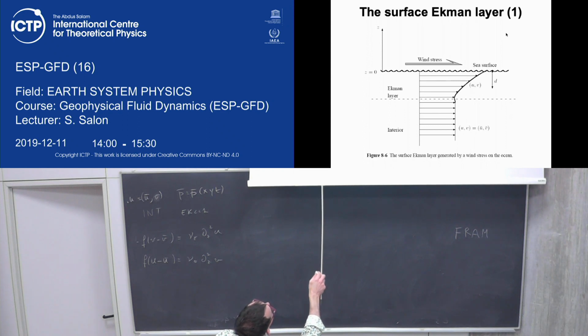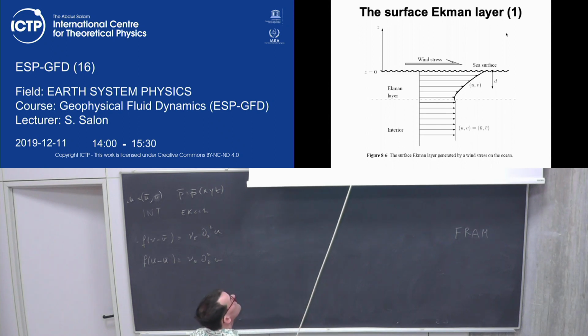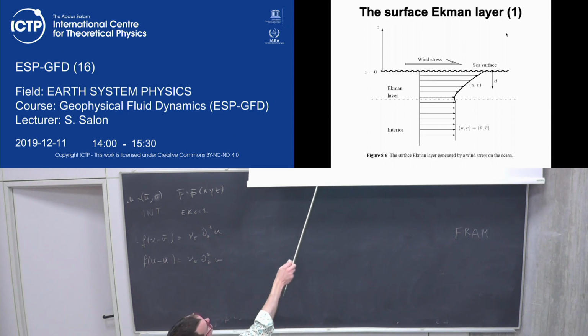So we put z equal to 0 here. z always goes from the bottom to the top, so now we consider something which goes from minus infinity to 0. Before we were integrating between 0 and infinity, now between minus infinity and 0.